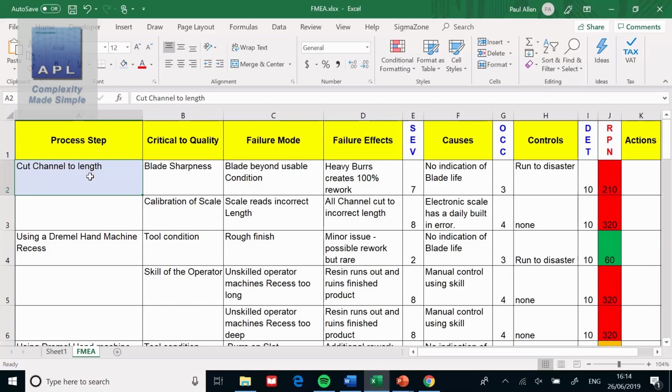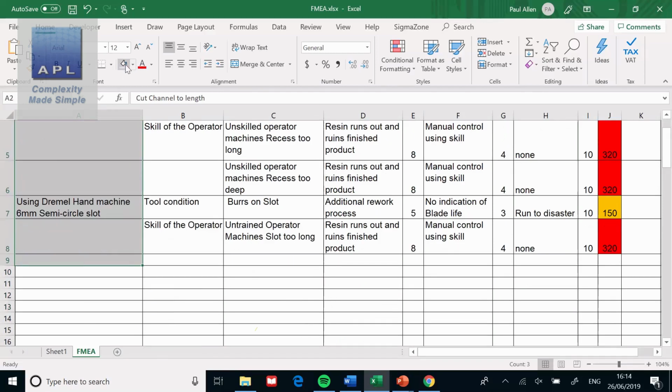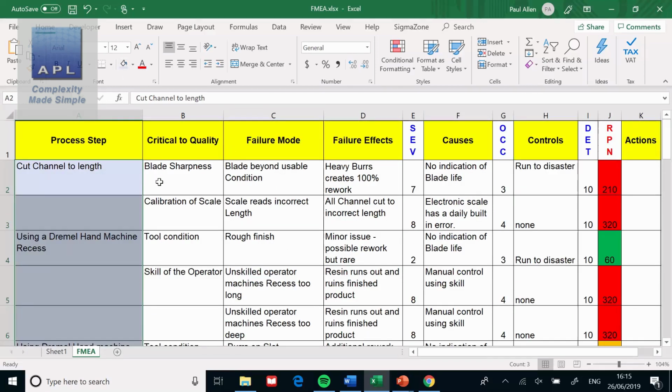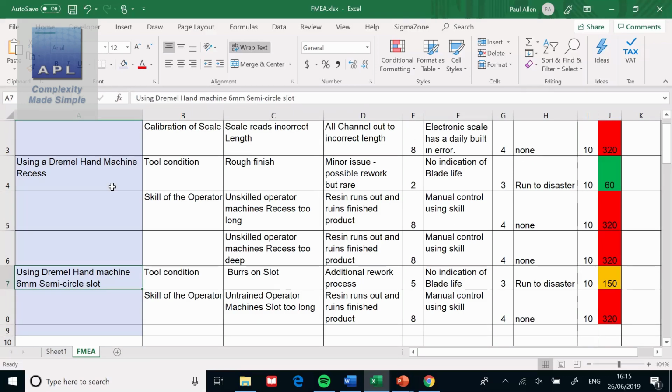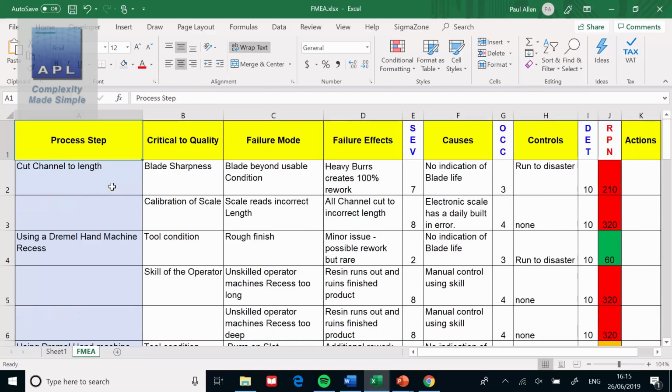So in this side of the document, we've got the process step in every case, cut to length, using the Dremel to hand machine the recess, using the Dremel to hand machine the 6mm semicircular slot. Now this is the process that was in that presentation. This is the original process, the way that it was intended to go ahead. So this is the engineer thinking, all we've got to do is give him a Dremel and let him get on with it. So we're going to let him design the process just the way he was going to.